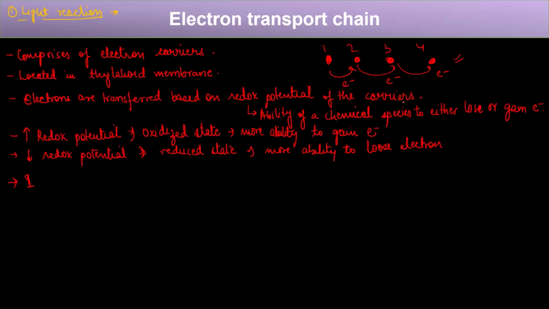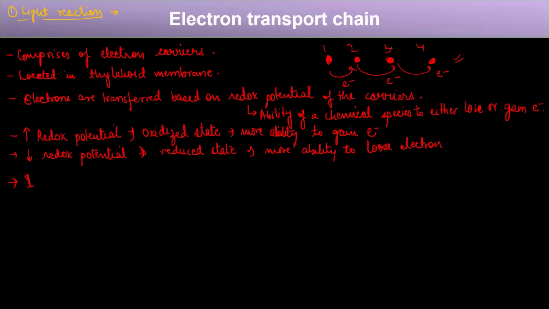Suppose there is one chemical species, a second, a third and a fourth. The electron gets transferred from 1 to 2, 2 to 3, 3 to 4.